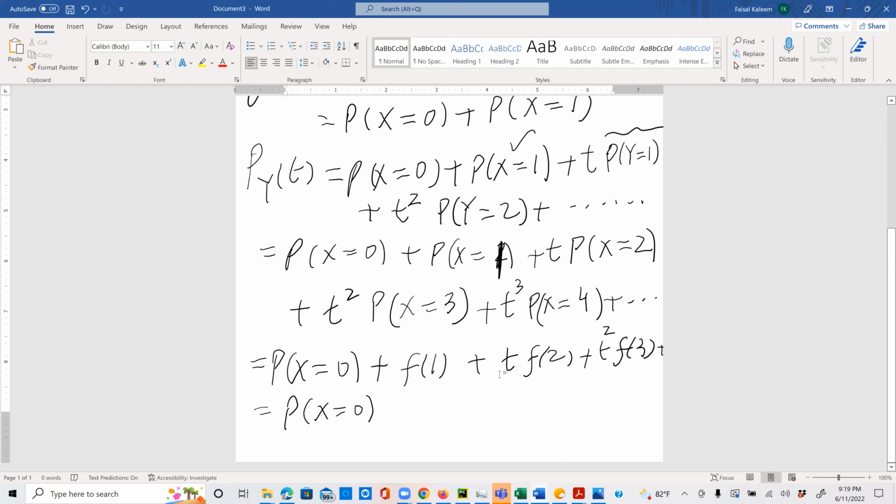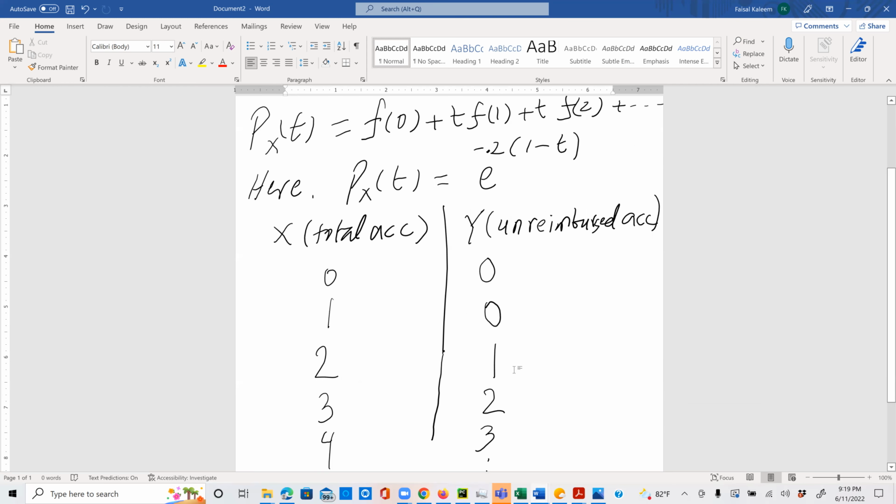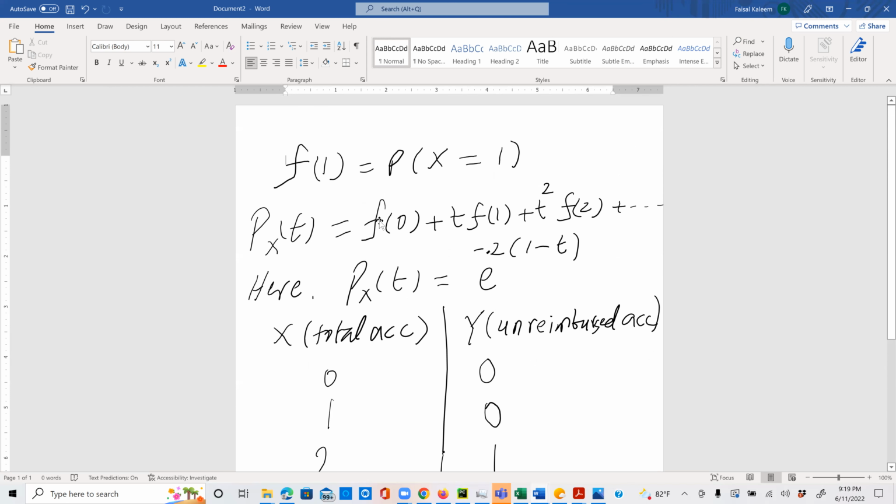So we would love to have t squared with f of 2, t cubed with f of 3, and so on, because that way this whole expansion will take the form of the probability generating function. We go back and look at how it looks like. So you see in the probability generating function, the powers of t match with this argument. So when you have t power 2, the argument is 2. When we have t power 1, the argument is 1. And so then the whole thing becomes the probability generating functions.